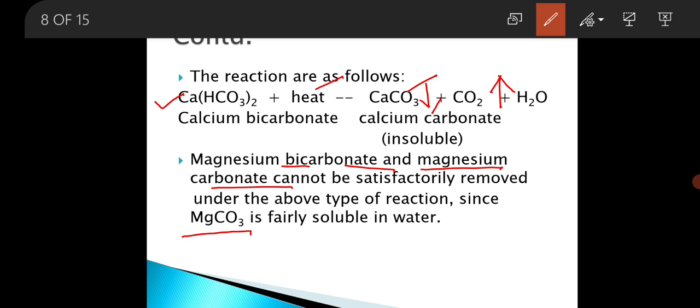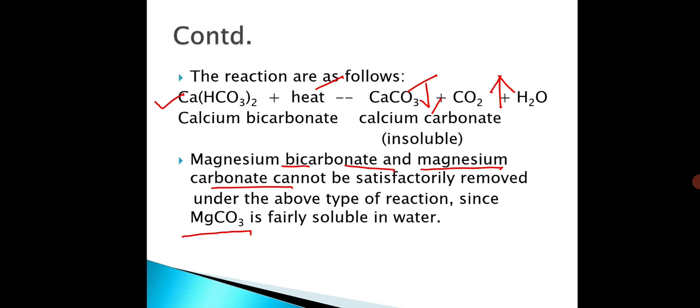Therefore, for magnesium bicarbonate we cannot use the method of boiling. Also, the boiling process is not adopted for public water supplies because it is not possible to boil a large amount of public water supply, and hence boiling is not adopted for softening.